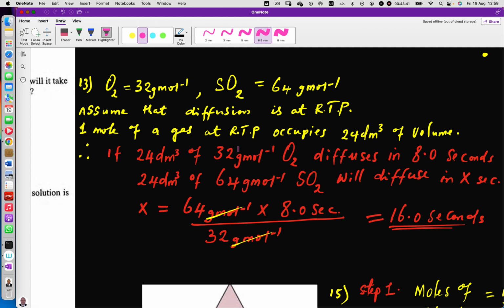Or in other words, gases with high molecular weight will diffuse very slowly, and will take a longer time to finish the diffusion. Meanwhile, gases with low molecular weight will diffuse very fast and take a shorter time. That is what is applying here. 32 will take only 8 seconds. Then 64 will take 16 seconds.